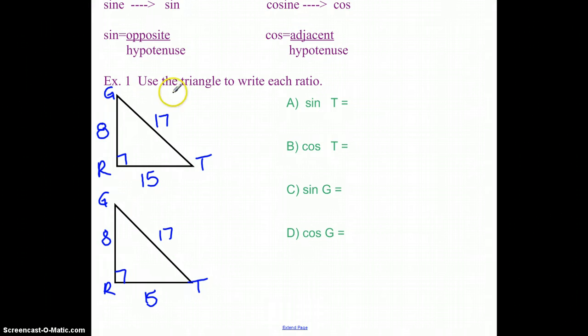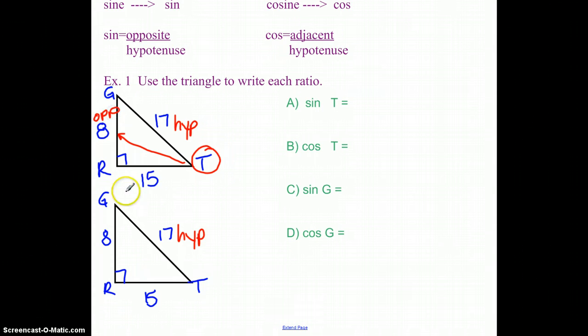First of all, on these triangles, because they're right triangles, there's no choice about the hypotenuse side. It's the longest side. So I can tell when they're all listed that this happens to be 17, or I know it can be the one that's right across from the 90-degree angle. So this side right here is the hypotenuse no matter what, and so is this one. Now, if I'm going to use this one as my focus angle for t, if I draw a line that comes out of t, it would hit this side 8 that's directly across from it.